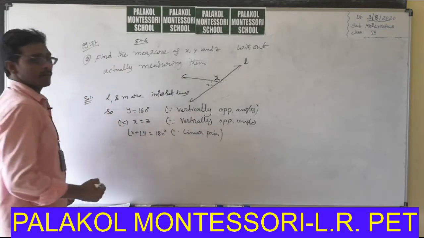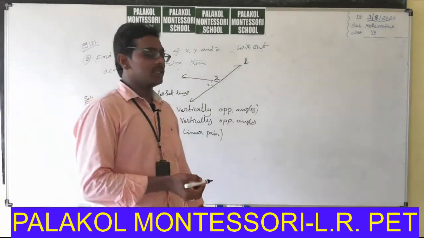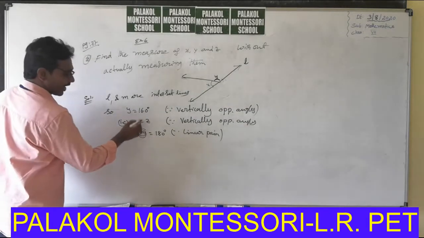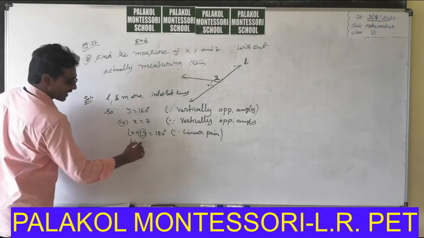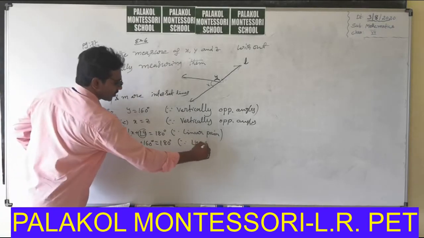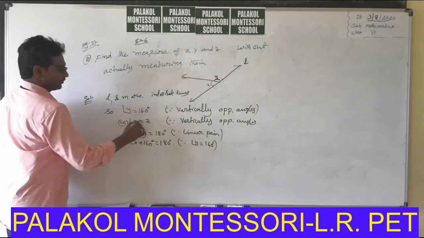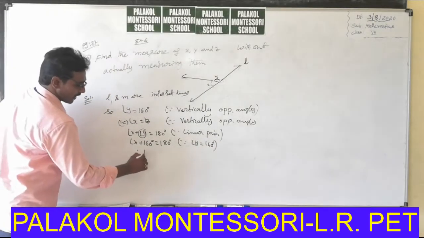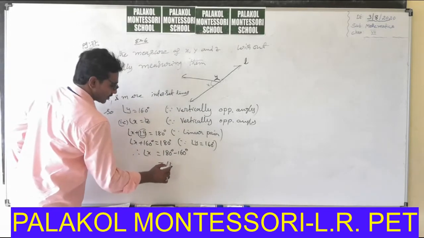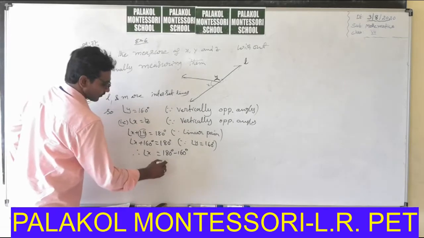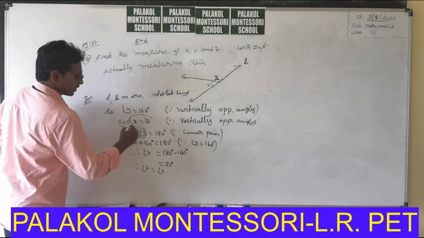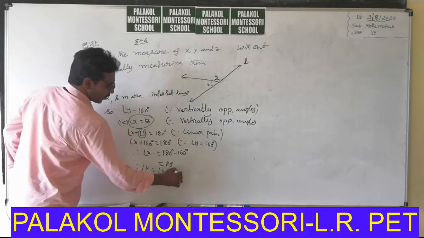We already know angle y is 160 degrees, so angle x plus 160 degrees is equal to 180 degrees. Therefore, angle x is equal to 180 degrees minus 160 degrees, which is 20 degrees. Since angle x is equal to angle z, z is equal to 20 degrees.